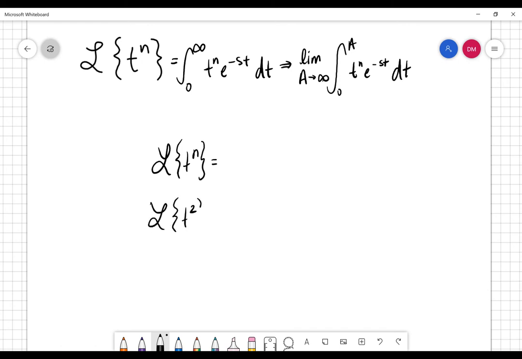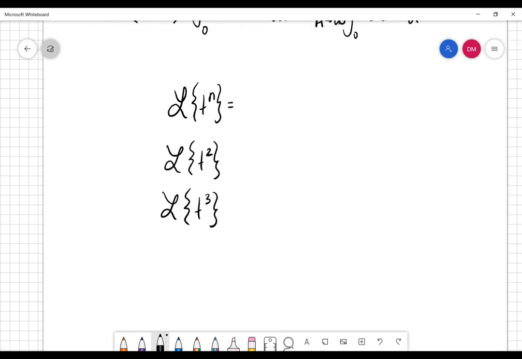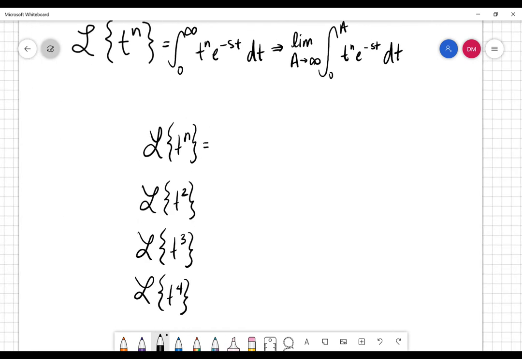What happens when n is equal to 2? What is the Laplace of t to the third? And what is the Laplace of t to the fourth? Just to start building up that table. And again, we're not going to have each of these in there individually, but just to make sure that we can evaluate when we do have these higher power values of t.